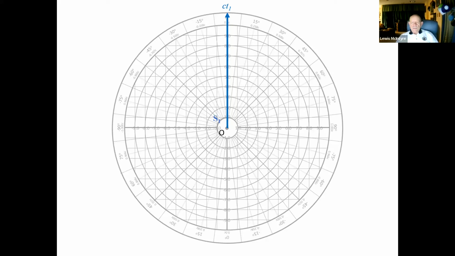To use this plot, let's establish the S1 reference frame time axis on the 0-degree radial. It's not necessary to use this radial, but it simplifies calculating the other angles.